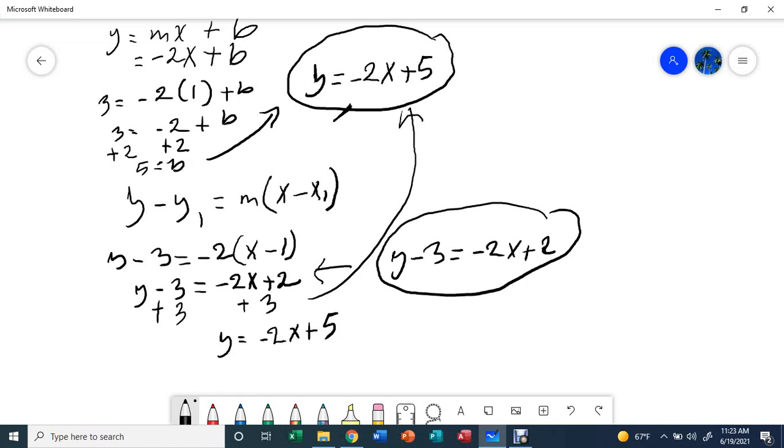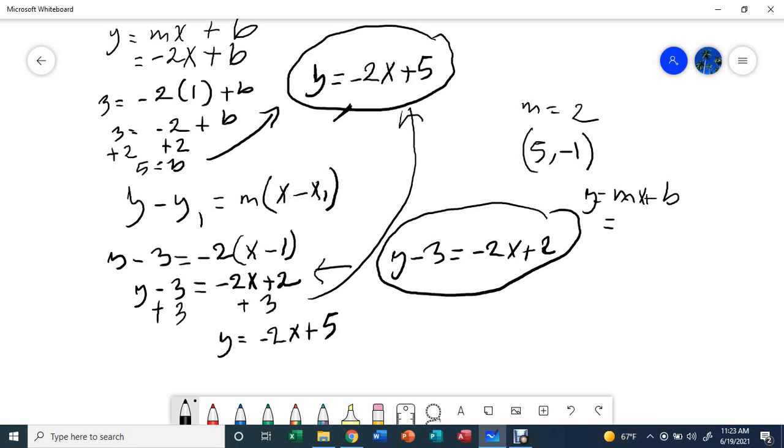So suppose the slope is 2, so m equals 2, and the point, I'm just making up these numbers, is (5, -1), and we want to find the equation of a line with a slope of 2 that passes through the point (5, -1). So you use y equals mx plus b again.